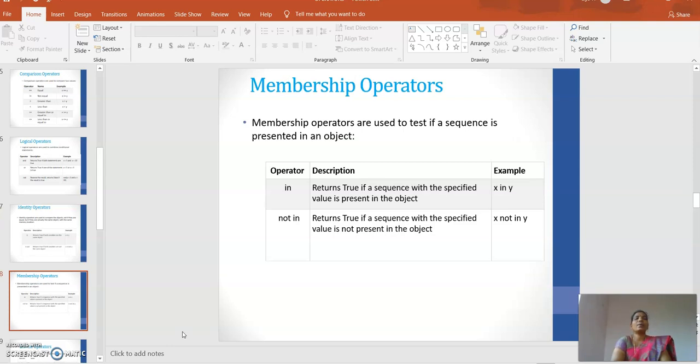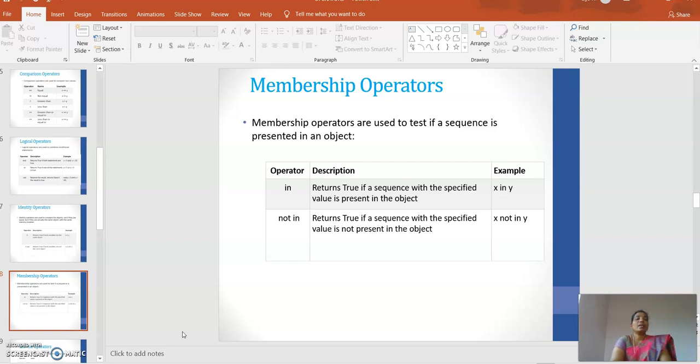And the next one, membership operator. Membership operators are used to test if a sequence is present in an object. The operators are in and not in.